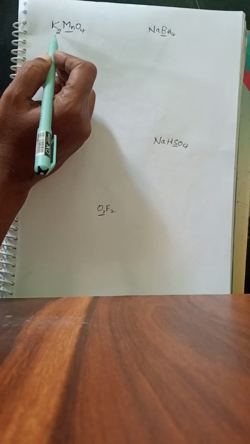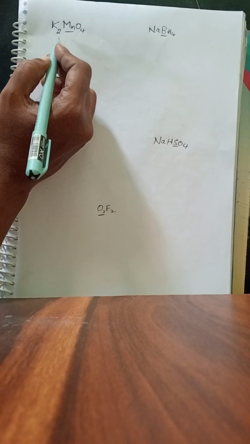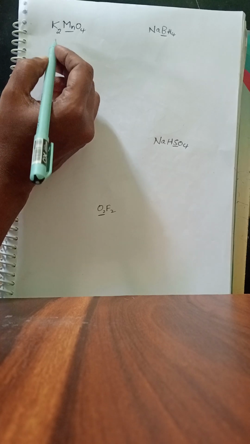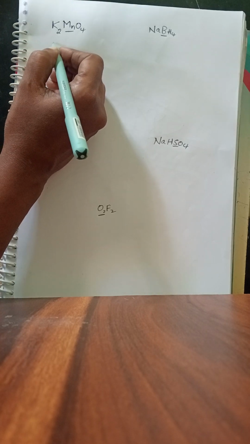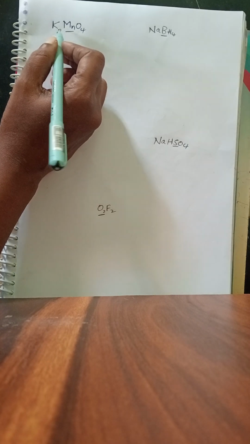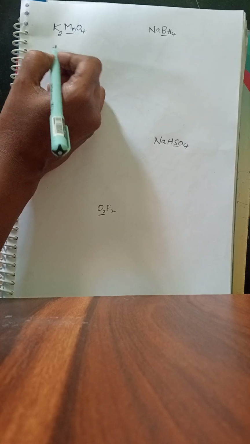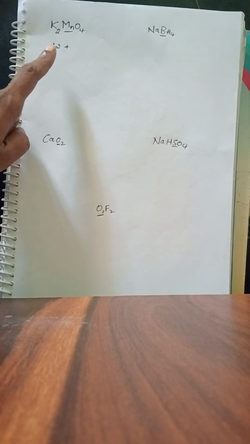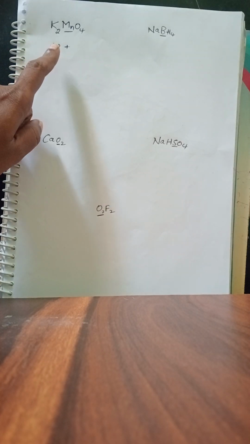Here, potassium is going to have plus 1. How many potassium atoms do we have? 2. So plus 2. Why does potassium get plus 1?